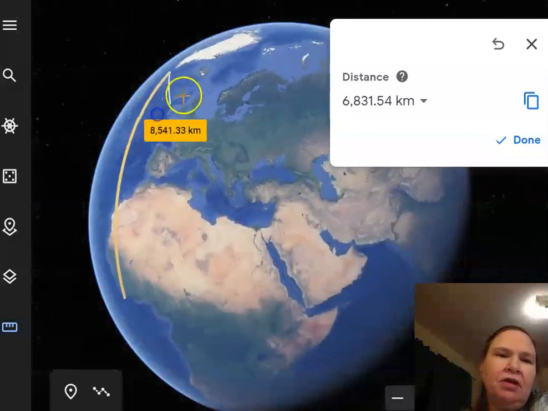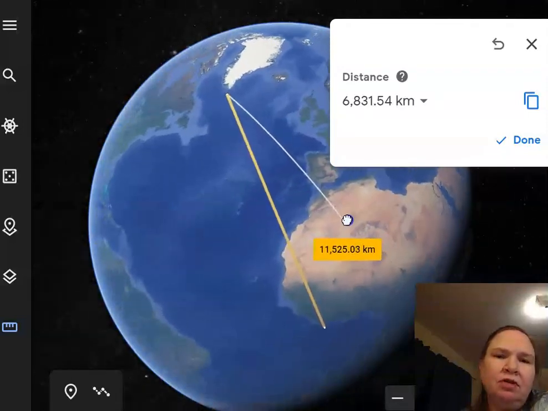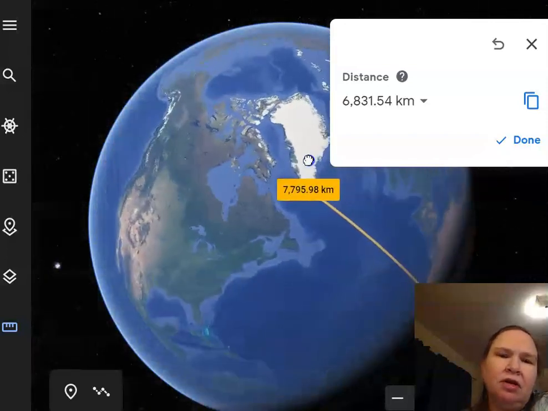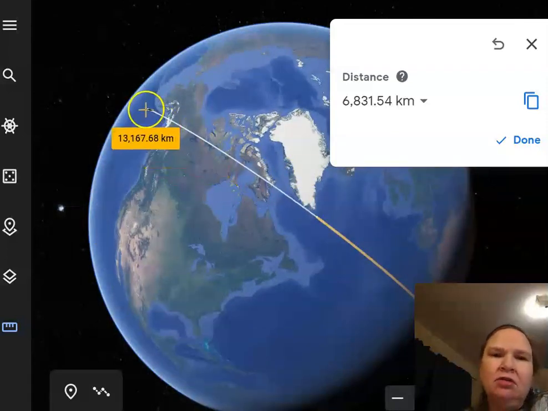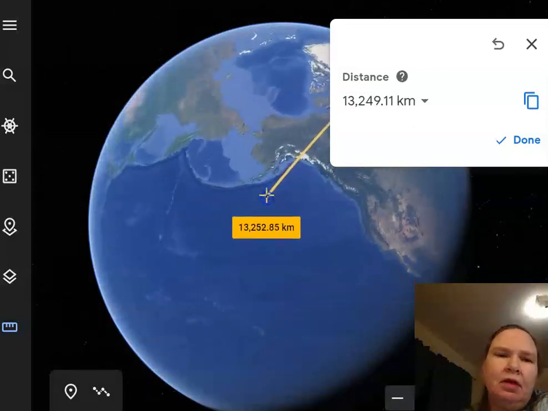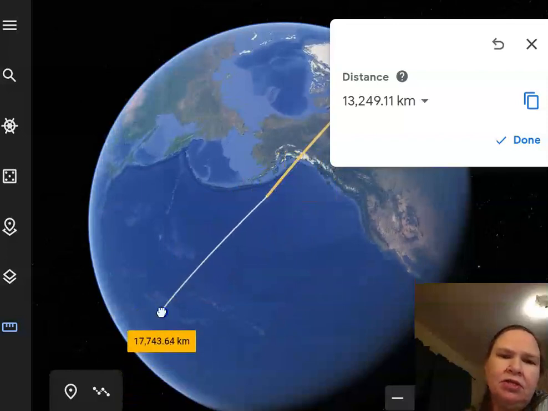It looks curved when I turn the Earth this way, but if I turned it so that I was looking at it straight on, it would look very straight. What I'm going to try to do is turn it so that I can extend that. The closest I can get it by looking at it is going in the same direction. Then I'm going to try to keep it going in the same direction still.